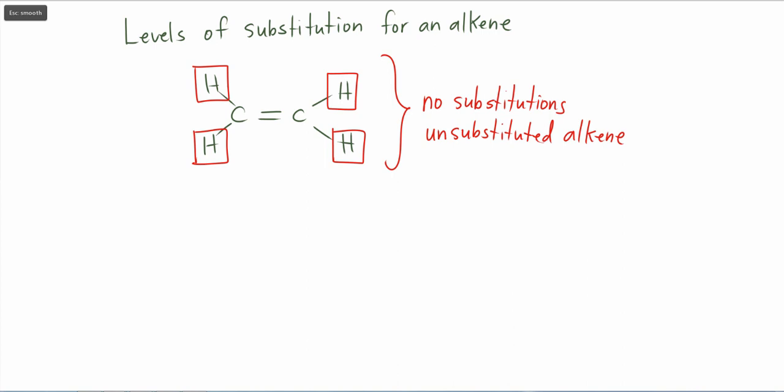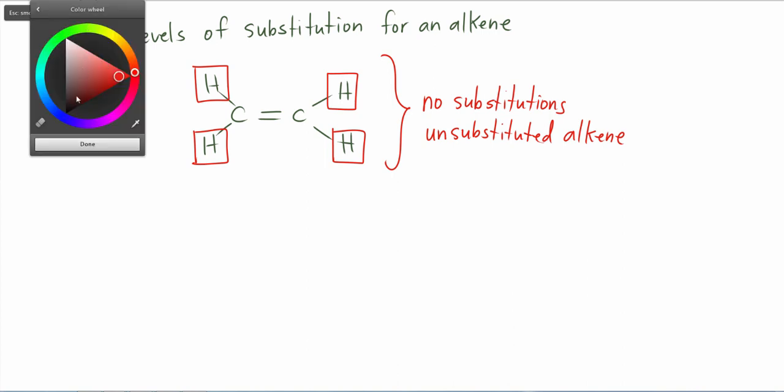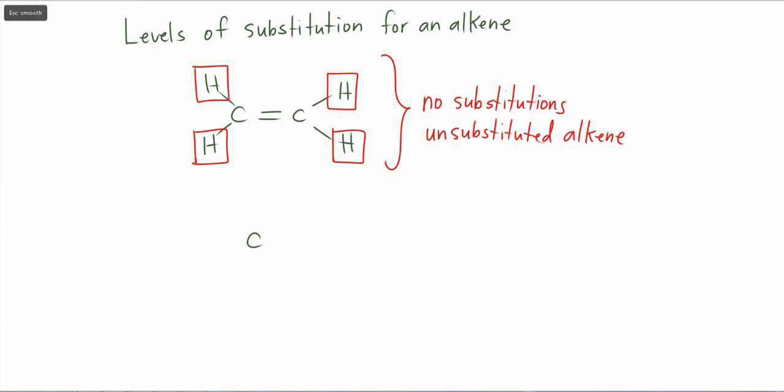All right. Now, if I take this same ethene and I put a hydrogen, hydrogen, hydrogen, and say I substitute one of these hydrogens for an R group.